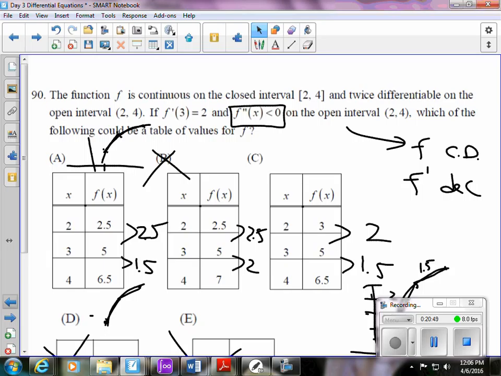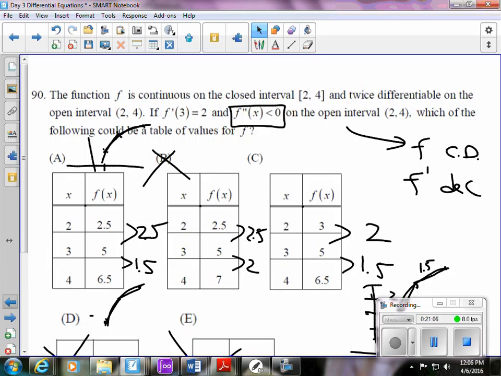See, this is what this is based on. This is the mean value theorem. It guarantees you that the slope of the tangent has to equal the average rate of change somewhere between an x value of 2 and 3.